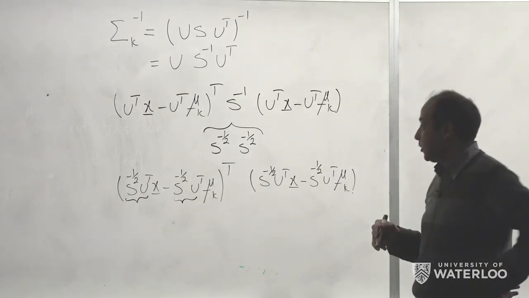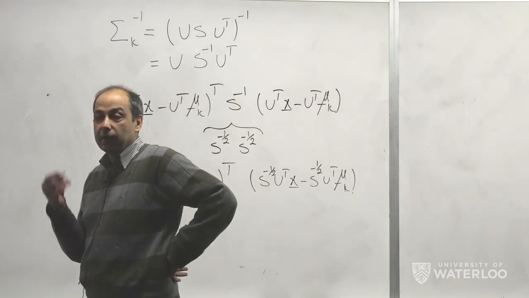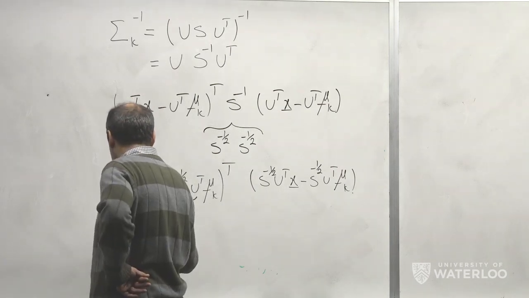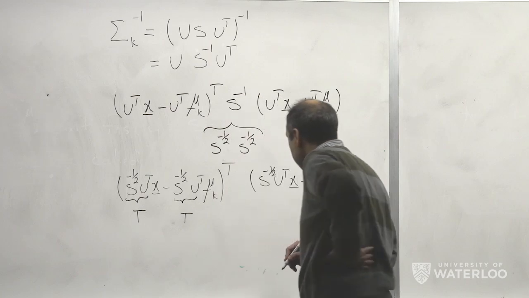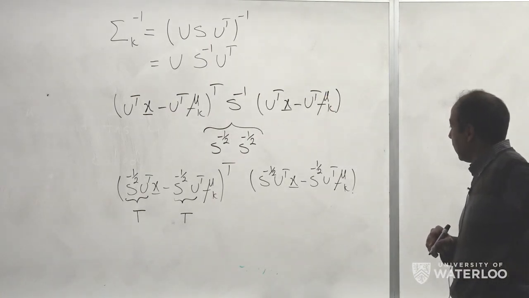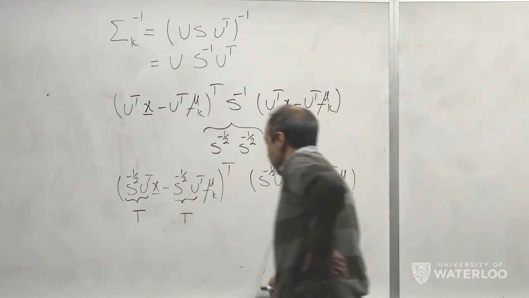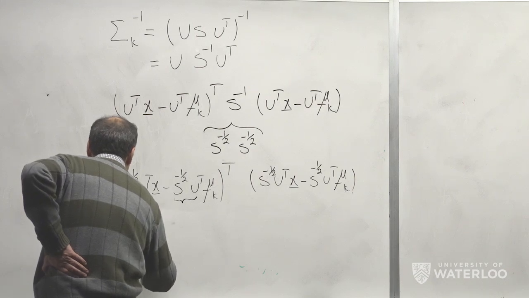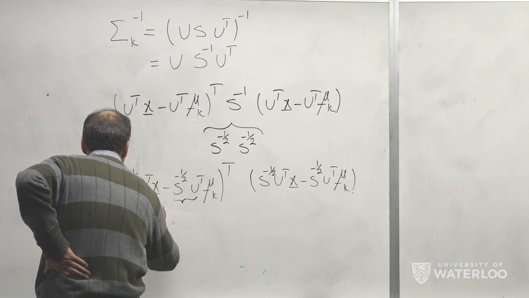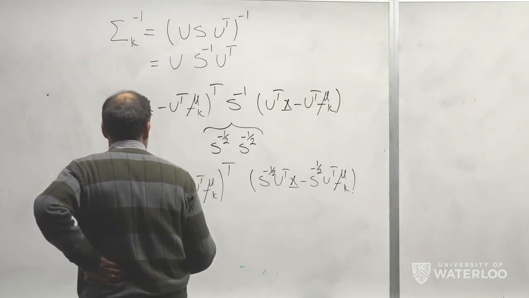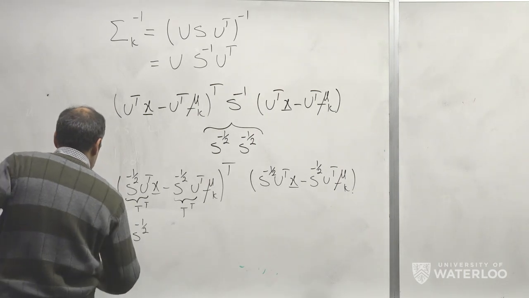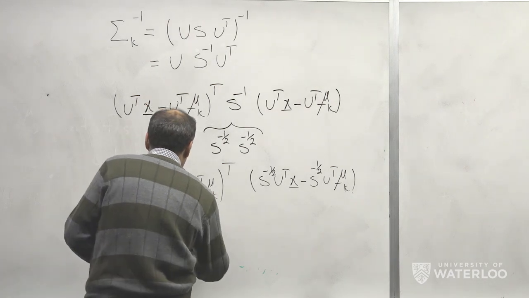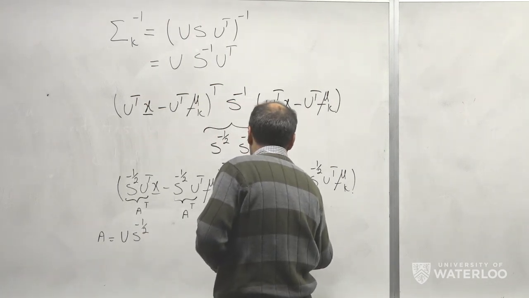Okay, call this transformation, say for example, T. Or if you get confused, let's call it A. This is A transpose, this is A transpose, and this is A transpose.